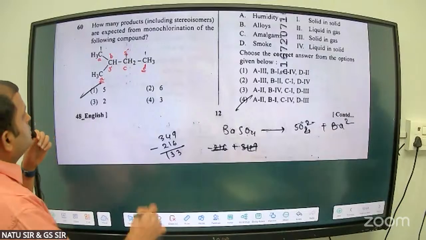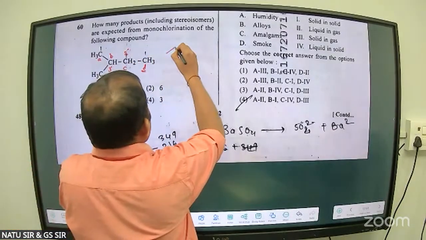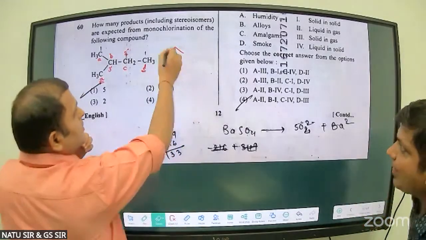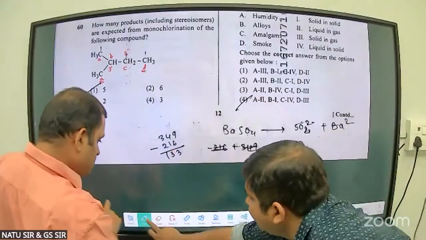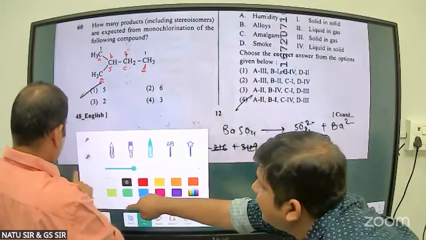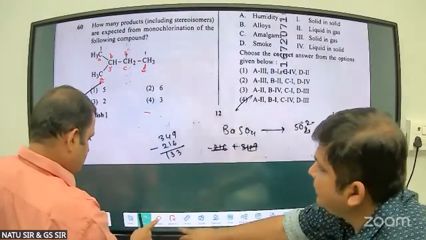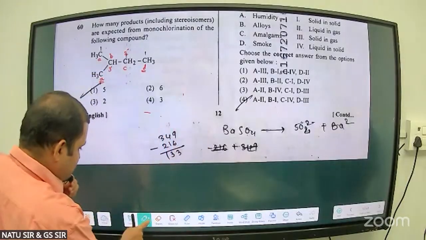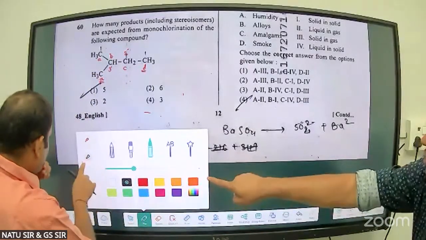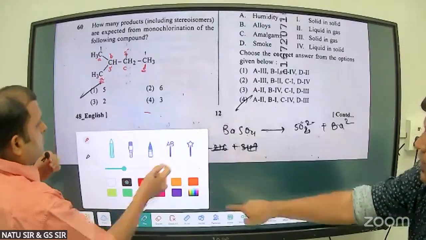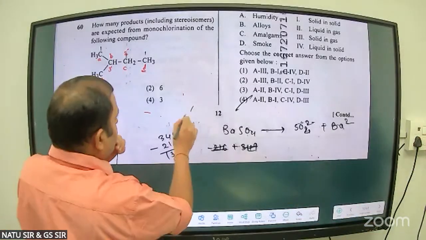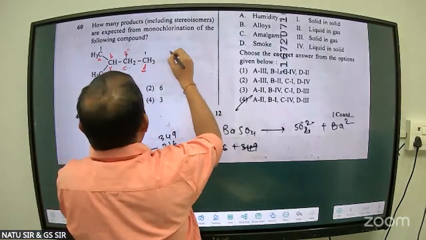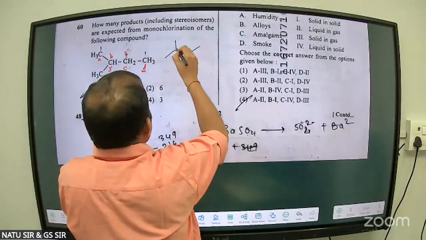So let us draw structures of these 4 monochloro derivatives. Yes. So let us draw 4 structural isomers. This is what? This is the original structure.